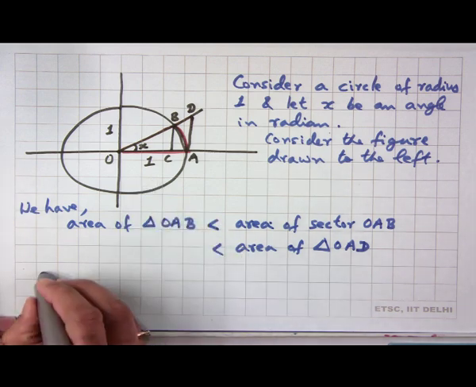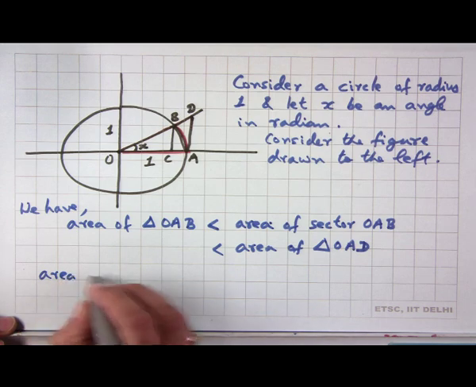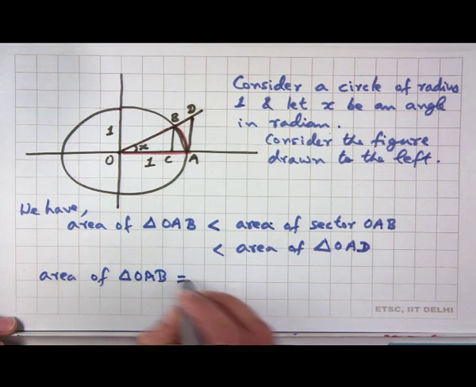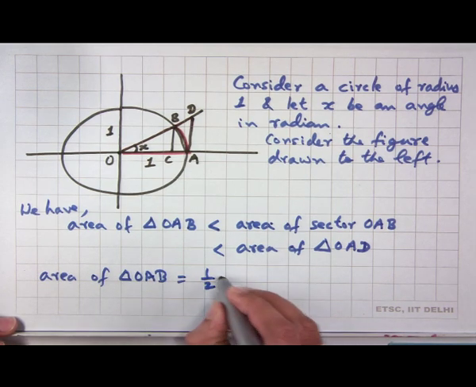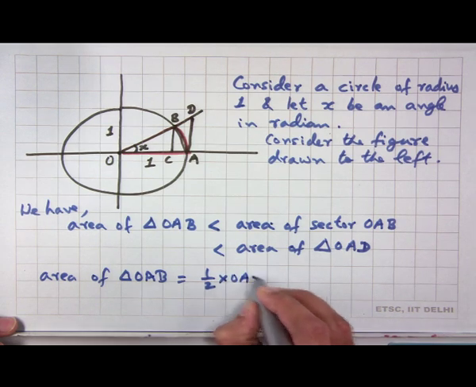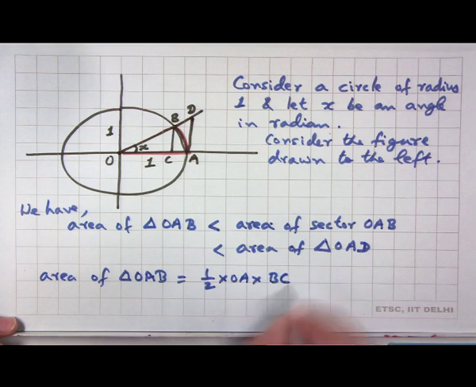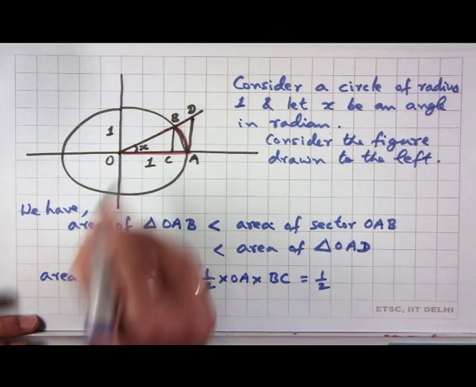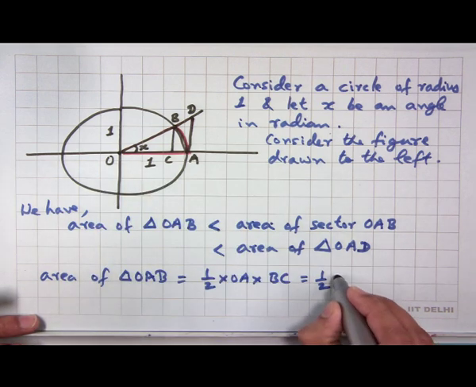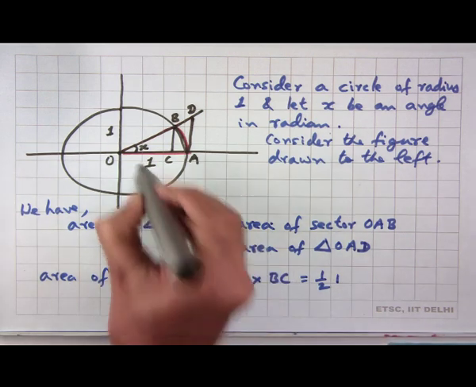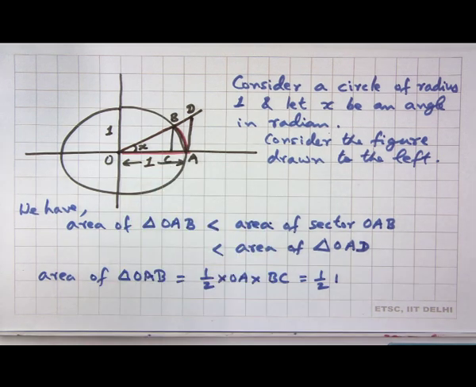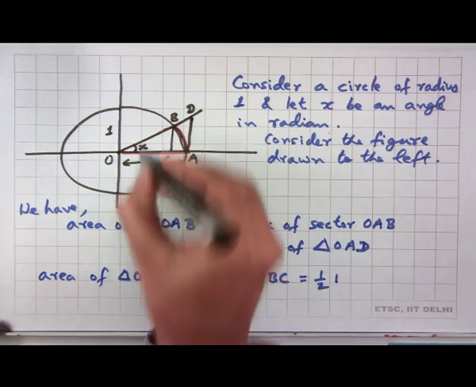Now, area of triangle OAB is equal to half times the base, which is OA, times BC, right, which is equal to half the length of OA is 1, this is 1. What is the length BC? So, note that this angle is x.